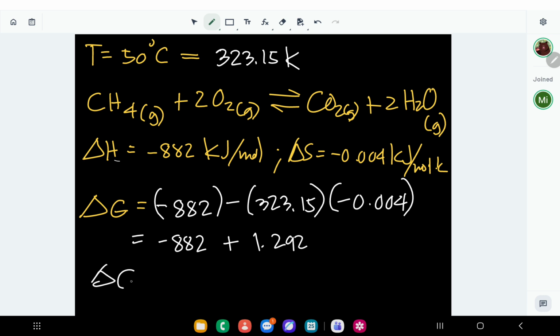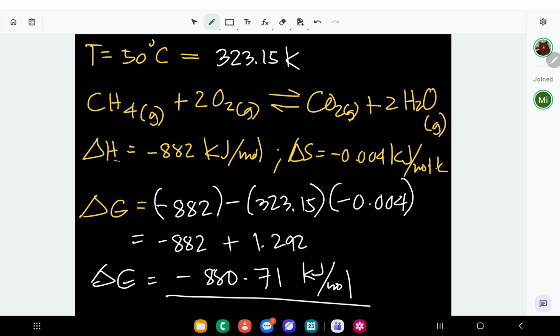So delta G here is negative 880.71 kilojoules per mole. It's negative, right? So delta G here is less than 0.